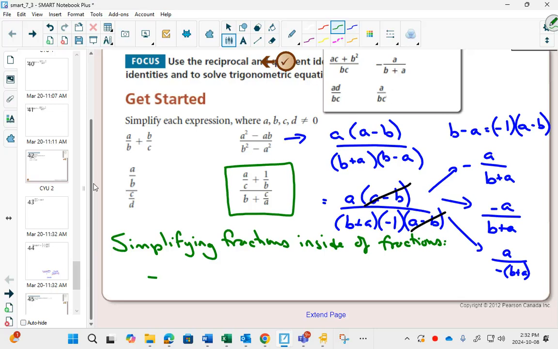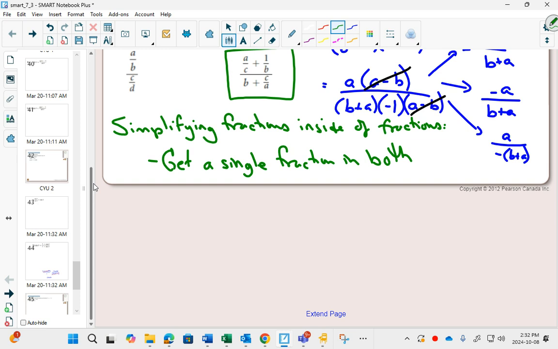First, this whole thing is a big fraction, right? And we have something in the numerator of that big fraction and something in the denominator of that big fraction. And what we want to do first is get a single fraction in both the big numerator and the big denominator.